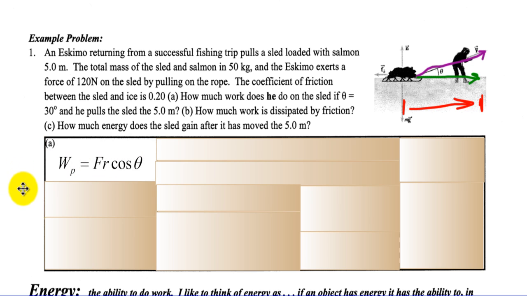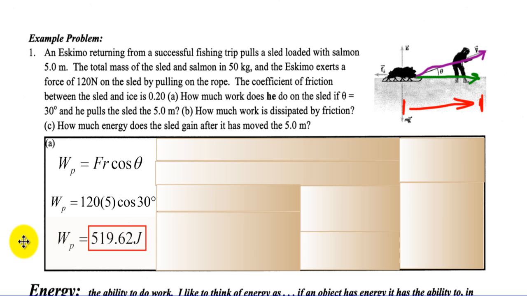So if that's our equation, right, P is for the person, I want the force of the person and the distance of the person. Essentially this F cosine theta is going to find this green component of that pulling force. So 120 cosine 30 gives me this green component of the force, and the 5, of course, is the distance that it travels.